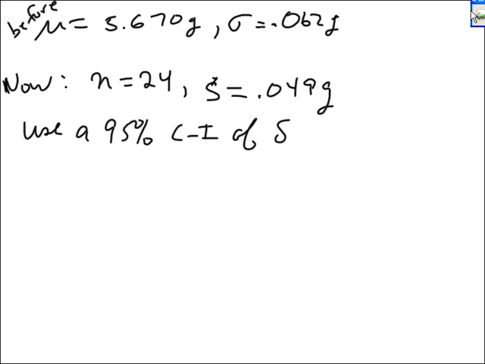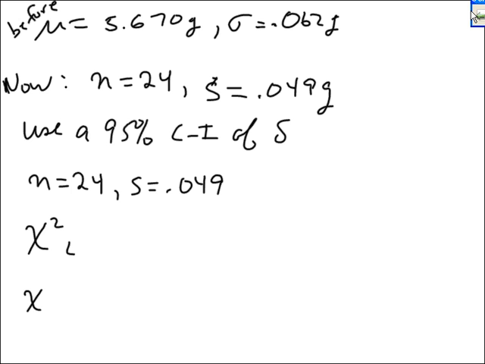So now we know that n is 24, and we know that s is 0.049. Basically, we need to find chi-squared L and chi-squared sub R. Due to the space I'm going to need on the bottom, I'm going to put these numbers up here.